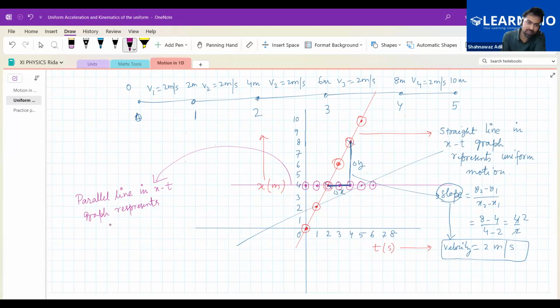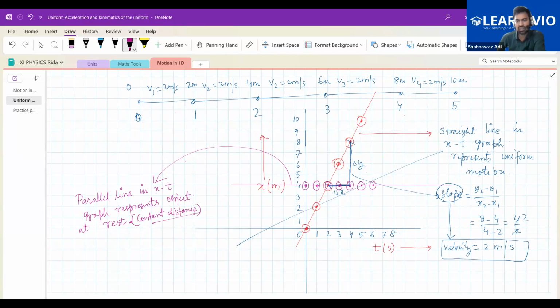This is representing rest. It represents an object at rest. Is this point clear? Yes. Because the distance is not changing. It is constant distance.